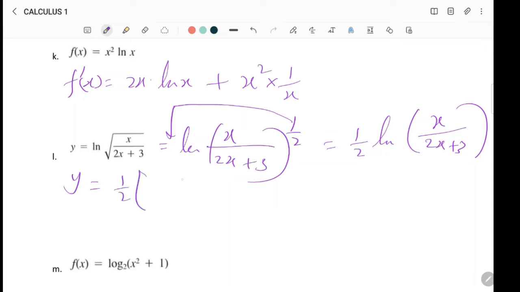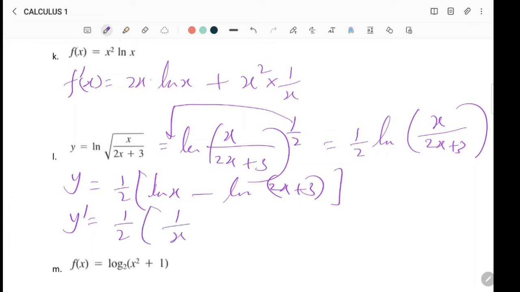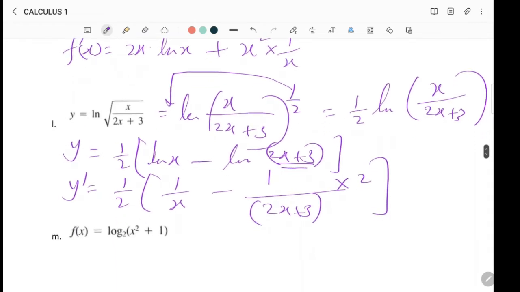And y equals half times, we can break ln x minus ln 2x plus 3, and now differentiate. Ln x differentiation 1 over x minus 1 over 2x plus 3, and 2x plus 3 differentiation is 2. Now you can simplify.